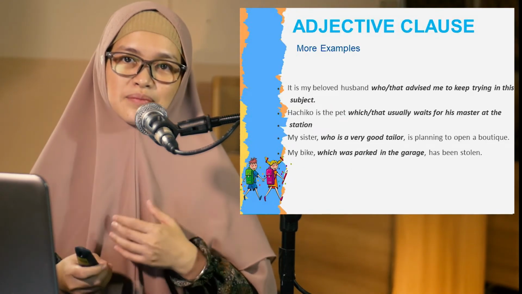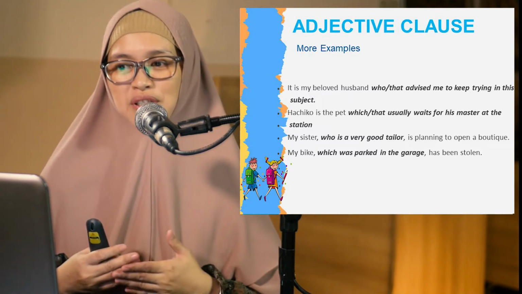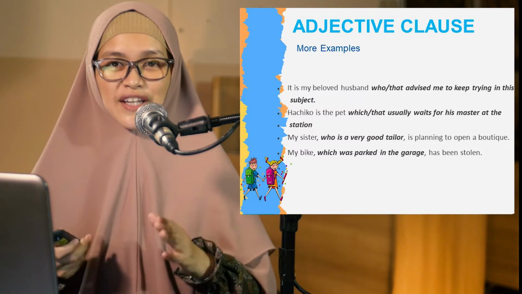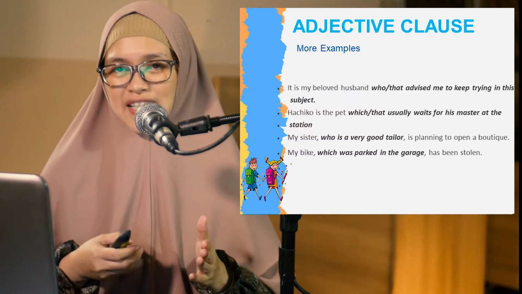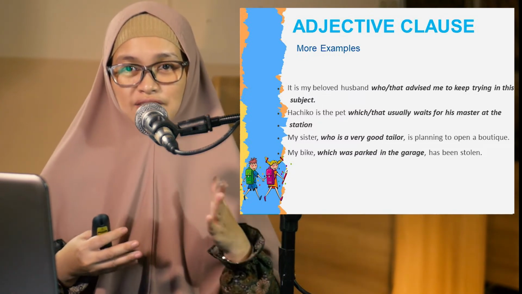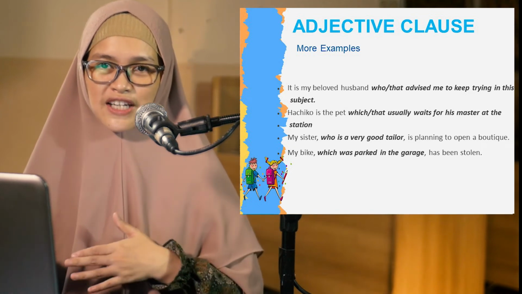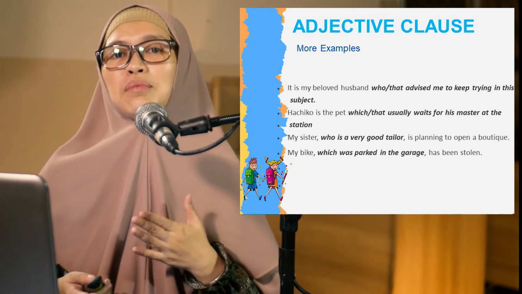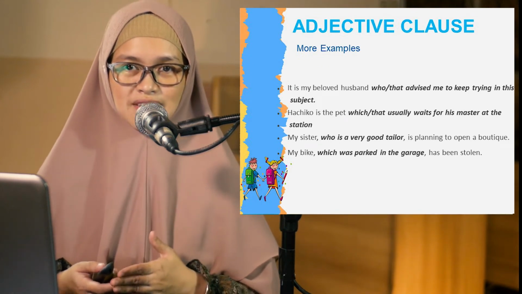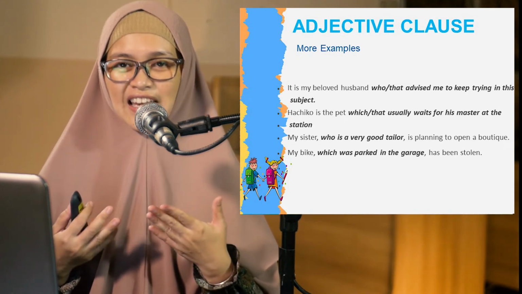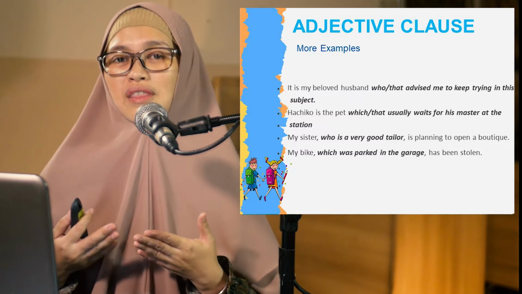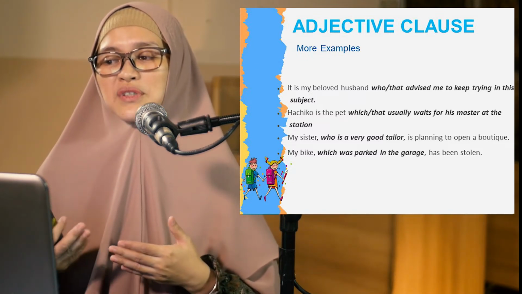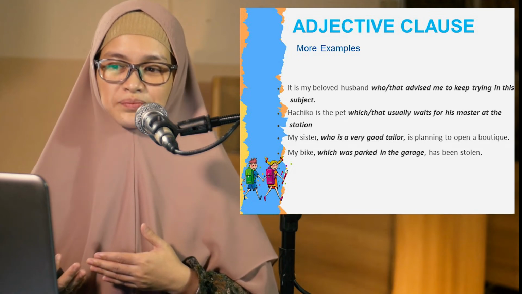These are extra examples of adjective clauses, defining and non-defining. It is my beloved husband who, or we can also use that, advised me to keep trying in this subject.